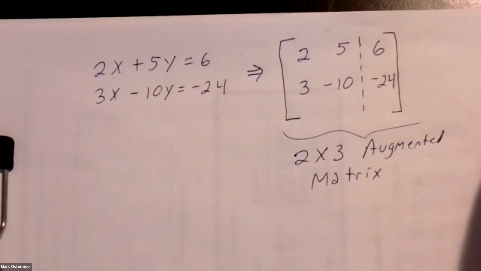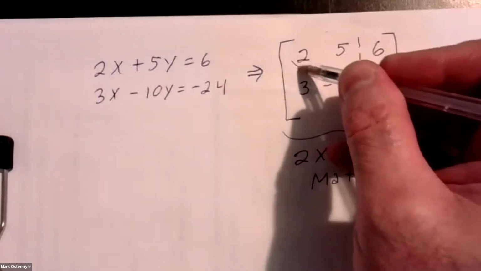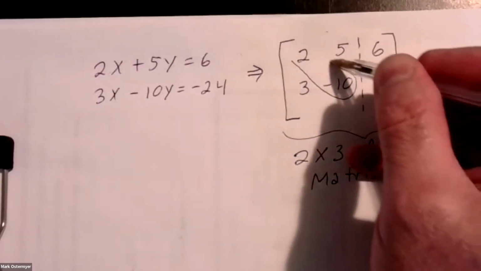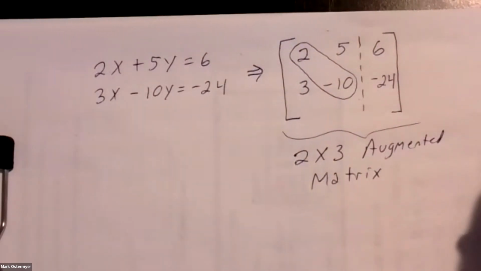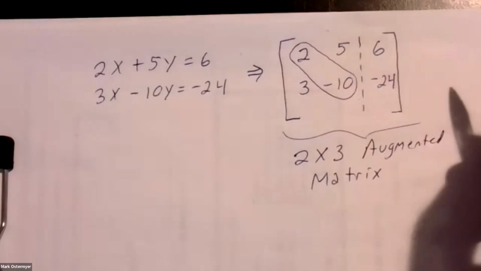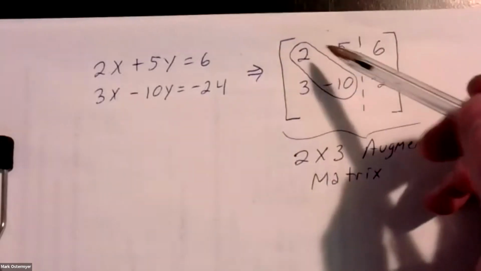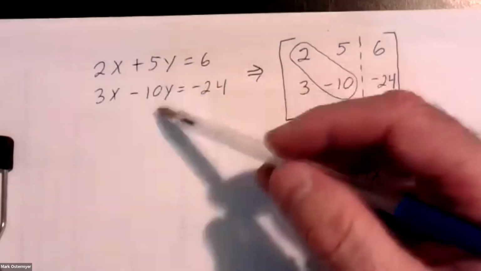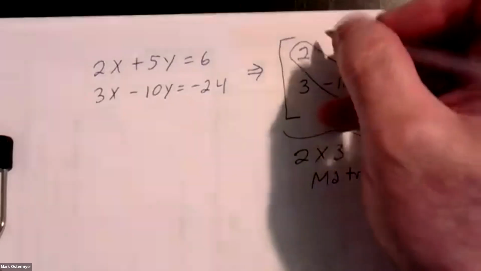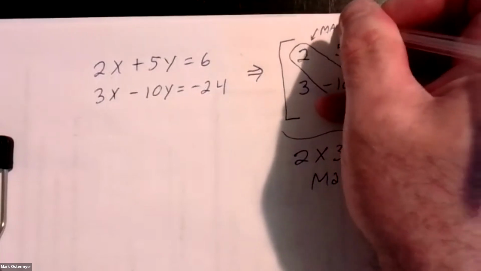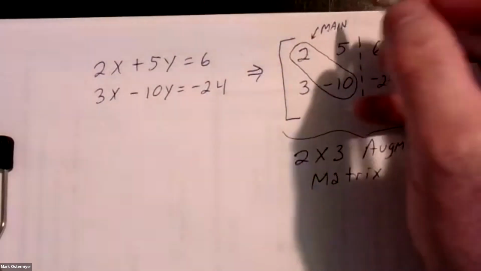Technically, there is a main diagonal for an augmented matrix. The main diagonal would be right here. These elements are lying on what's called the main diagonal, the 1, 1, and the 2, 2 entries here. All right, it is a non-square matrix overall, but because it's an augmented matrix and pertains to a system of equations, we would say that this is the main diagonal of the coefficient part of the matrix.